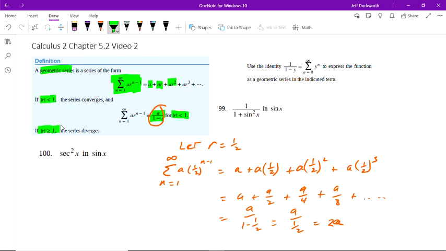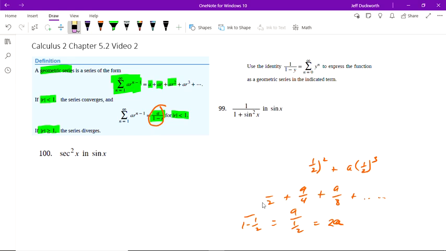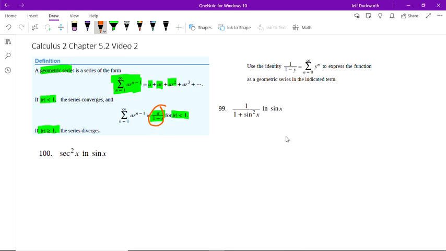All right, let's take a look at number 99 here, and let me erase some of this work. Let's erase the example so we can have some room to do number 99. Okay, so number 99, we're using the identity 1 over 1 minus y is equal to the infinite sum of y to the n.